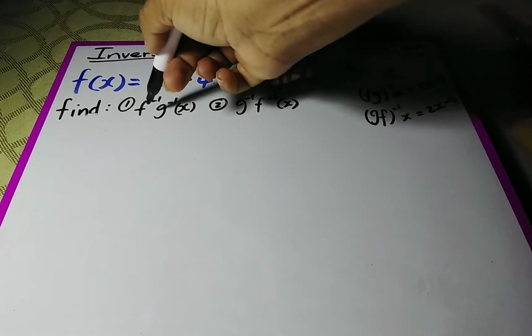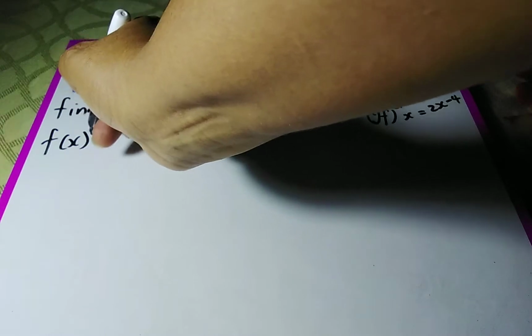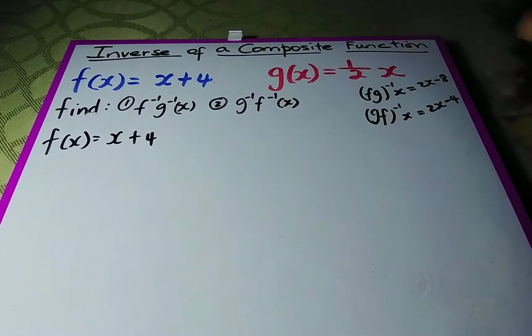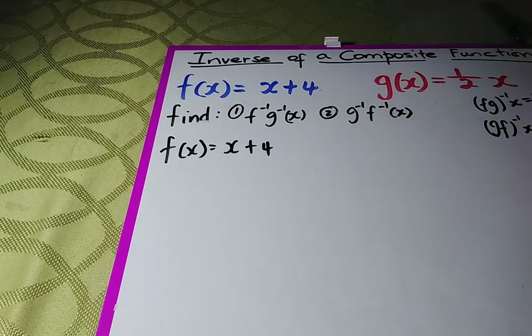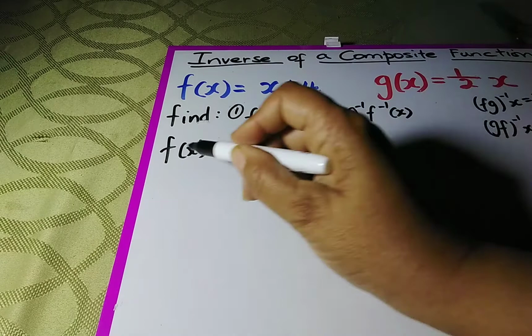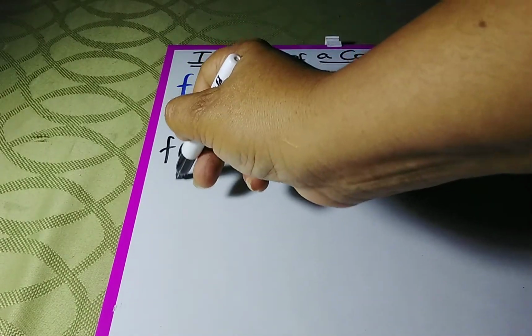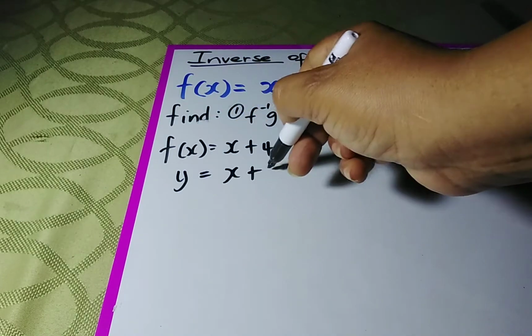First thing, we're going to find the inverse of f. So f of x is equal to x plus 4. To find the inverse, first step is to let f of x equal y. So it becomes y equals x plus 4.